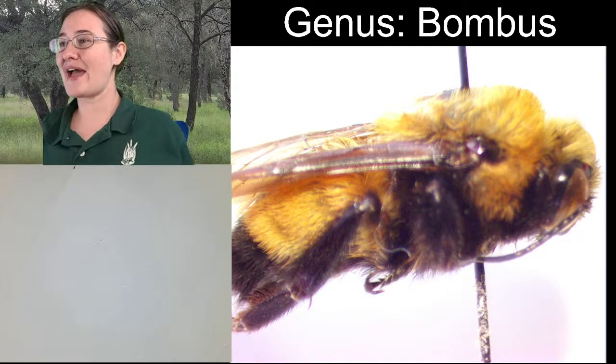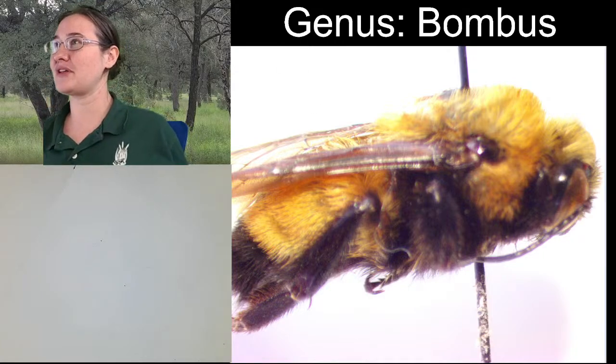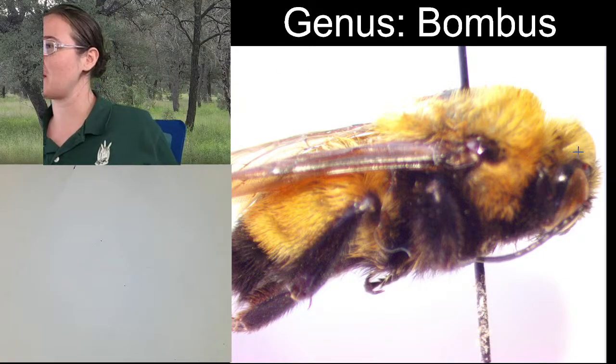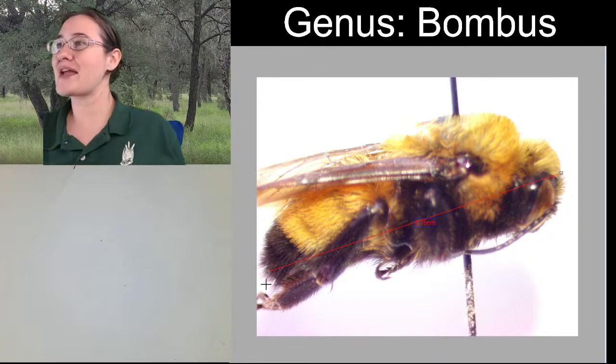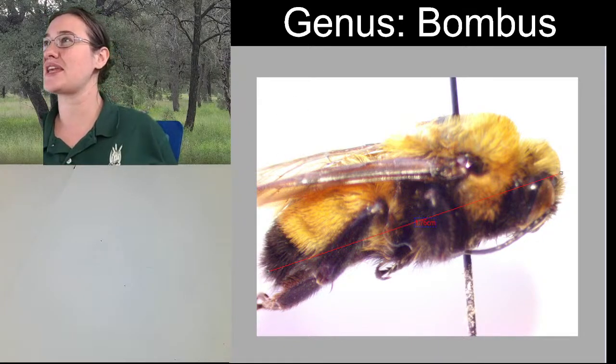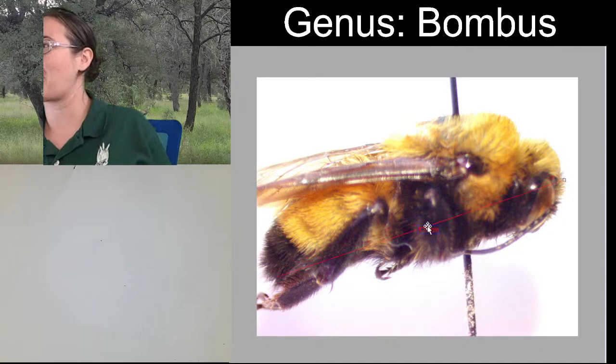Alright, I believe I have the ability to measure from the front of its head to the back of its abdomen. We're so close. There it goes. I cut it a little bit short to take into consideration that hair right there.